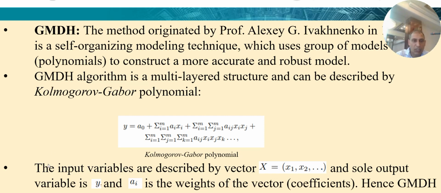The input variables are described by the vector x1, x2, and so on up to xn, and the output is one variable, y, and the coefficients represent the weights of the matrix or the vectors. Hence, GMDH is a multiple-input but single-output system.